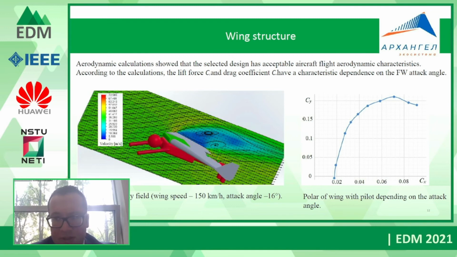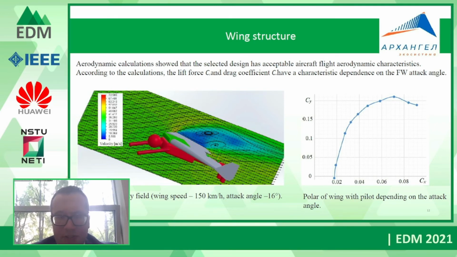So this is the man, or of course the woman, but the man with 100 kilograms, and the double parachute for landing or for emergency operation.